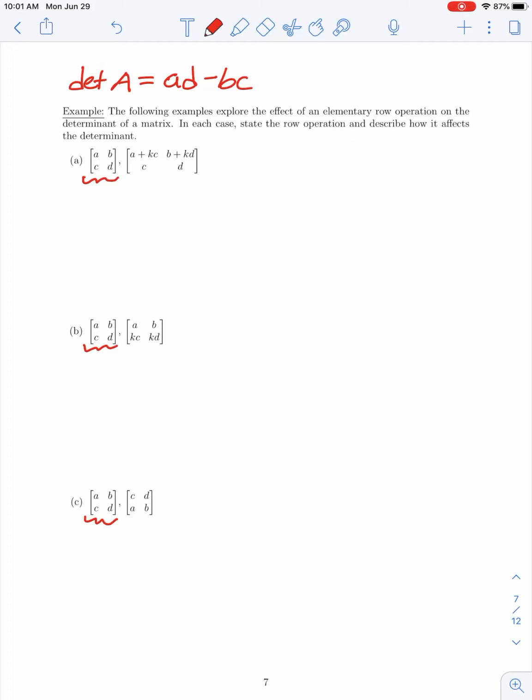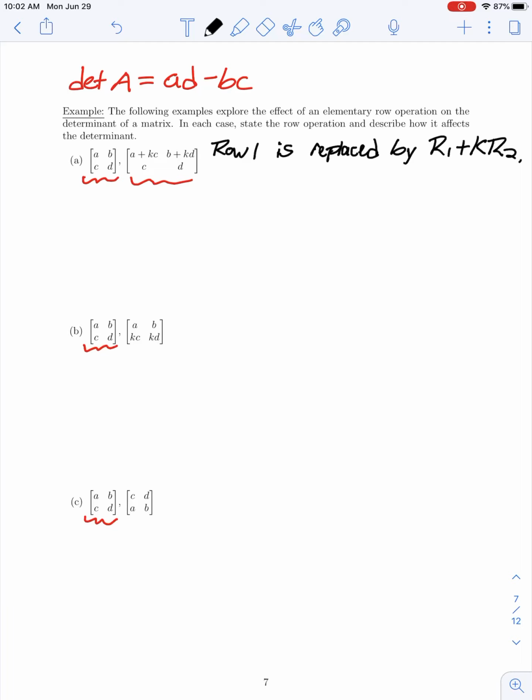So in part A, the matrix that we obtain by performing a row operation would be A plus KC, B plus KD, and the second row is still just C and D. So we can see here that the row operation which we've performed is that row 1 is replaced by the sum of row 1 plus k times row 2.